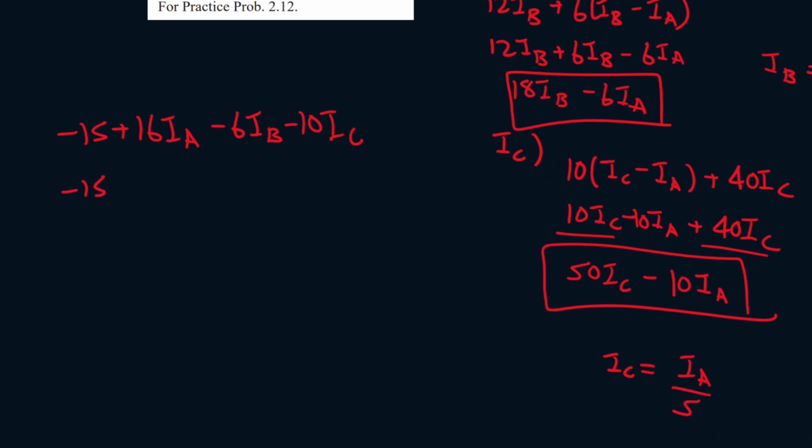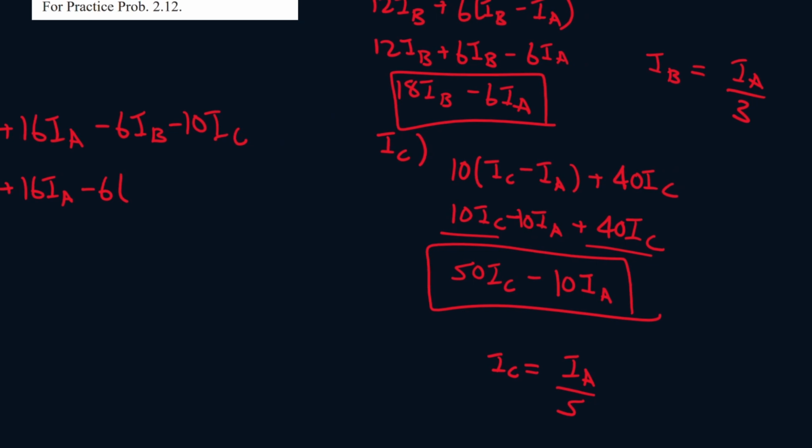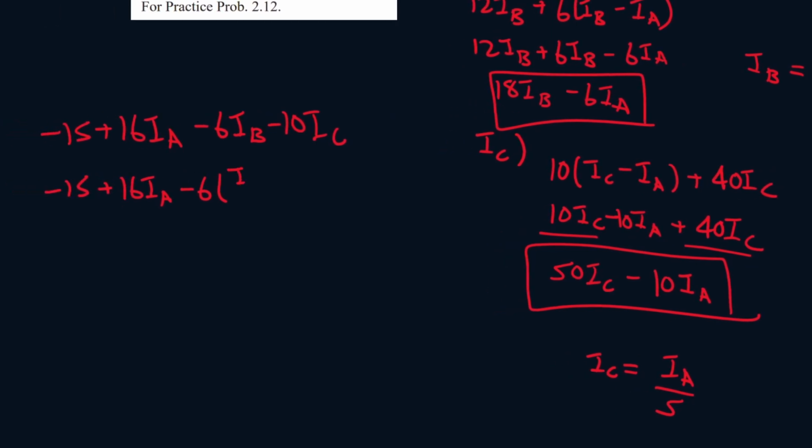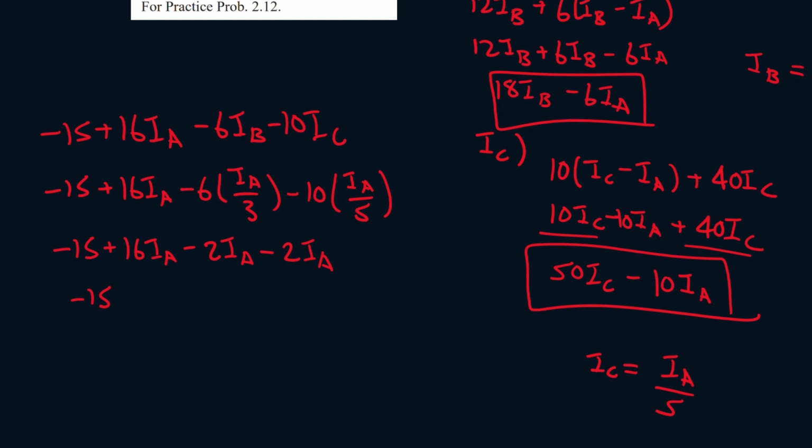So we have minus 15 plus 16 IA minus 6. Recall IB is IA over 3, minus 10, IC is IA over 5. So it'll be minus 15 plus 16 IA minus 2 IA minus 2 IA, which is just 12 IA.